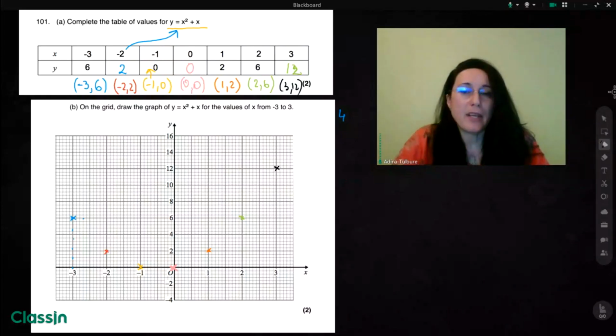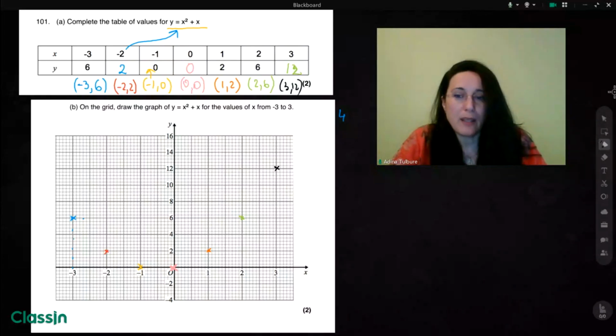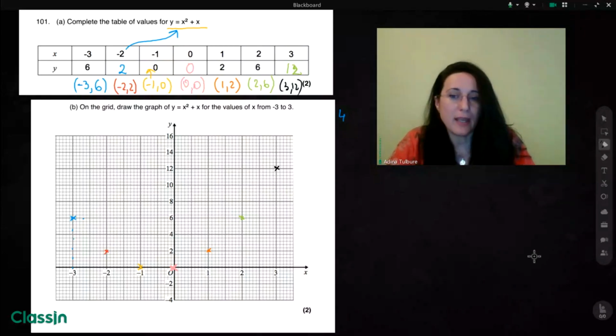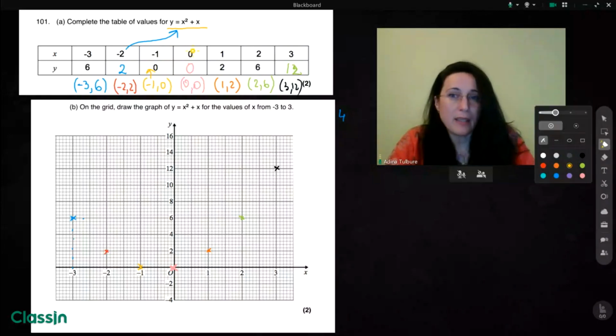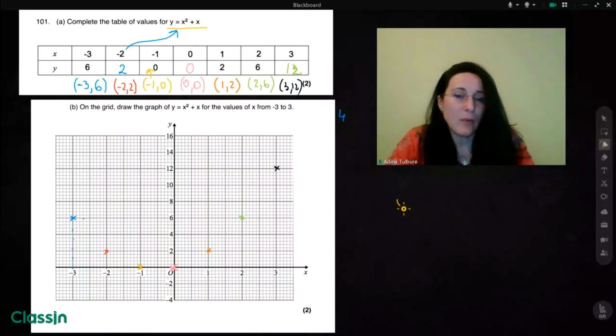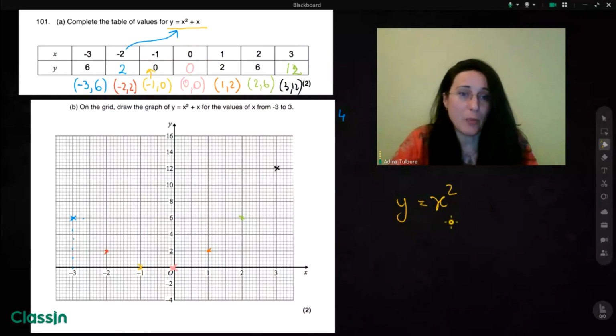When you enter the exam, you have to be able to understand that this is a parabola. So you need to remember that each time you see y equals x squared or 2x squared or 3x squared, whatever, if you see that x squared there, you will definitely end up with a parabola, with a graph that looks like this.